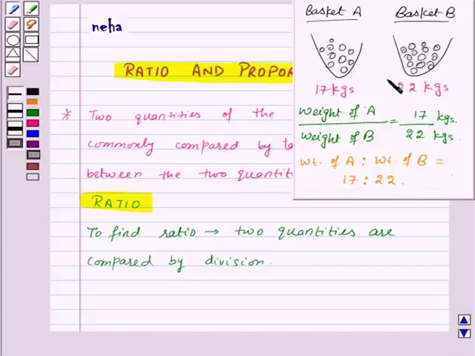So here we have compared the weight of basket A and basket B by division. And this symbol is used for ratio and is read as "is to". So, ratio is expressed as A is to B for any two numbers A and B.